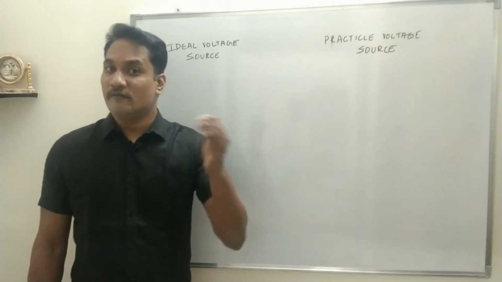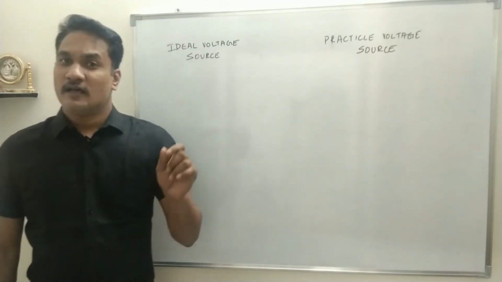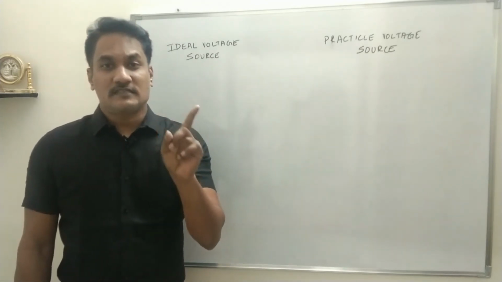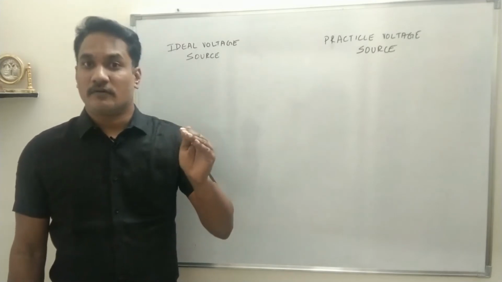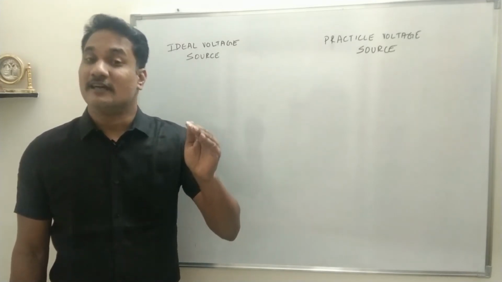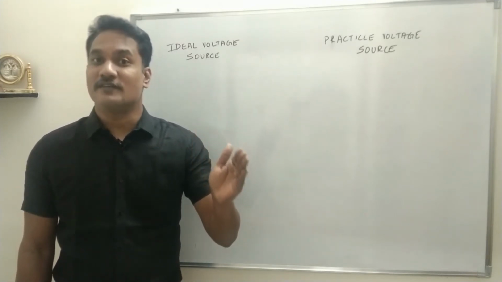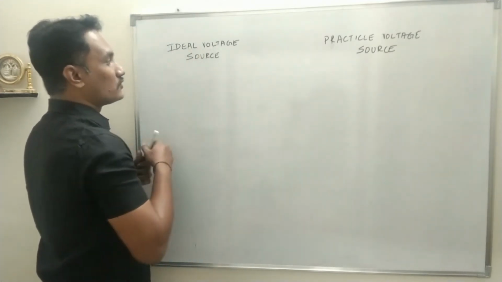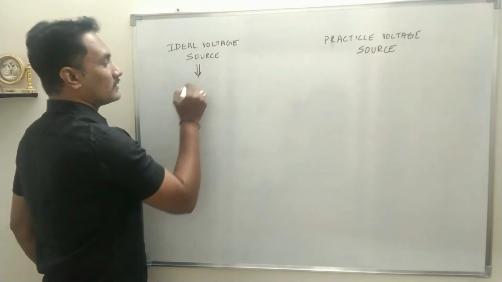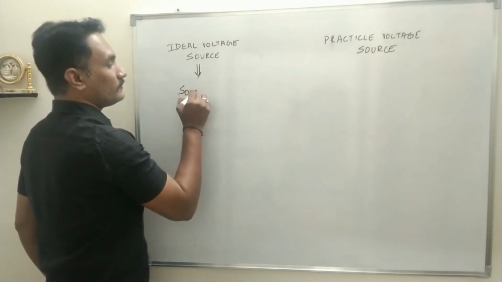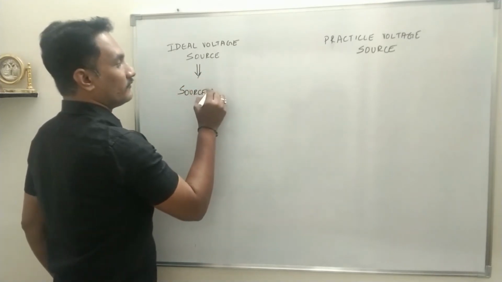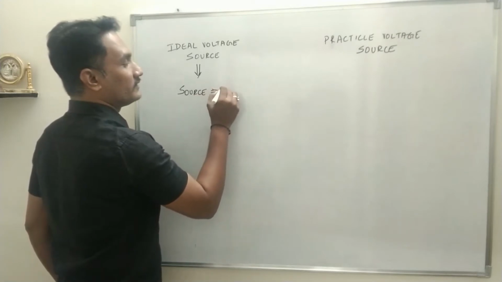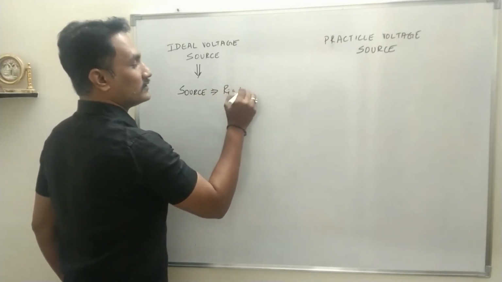Now again we will go back to that example, that 0.60 volt drop was because of the internal impedance of the source. That means an ideal voltage source will be a source with Ri equals to 0.